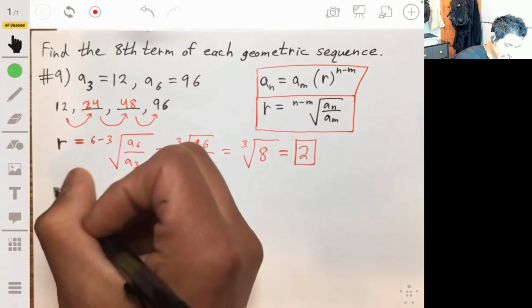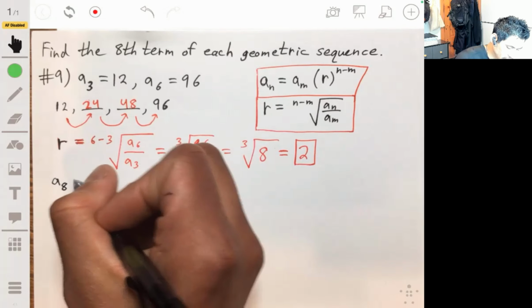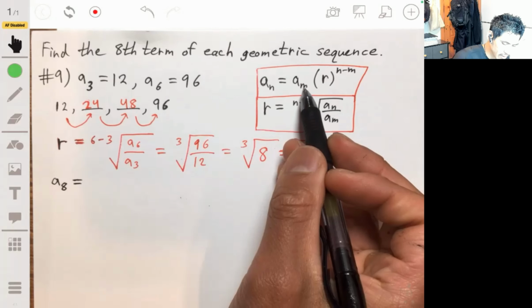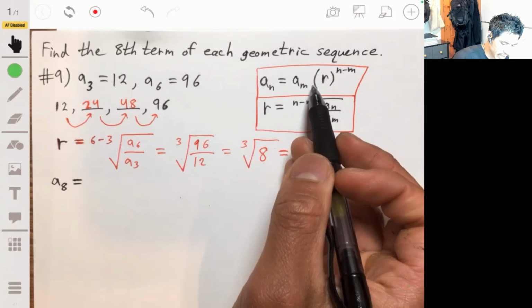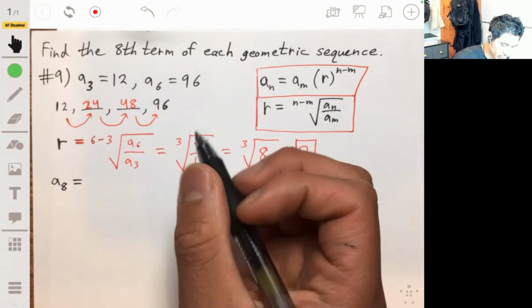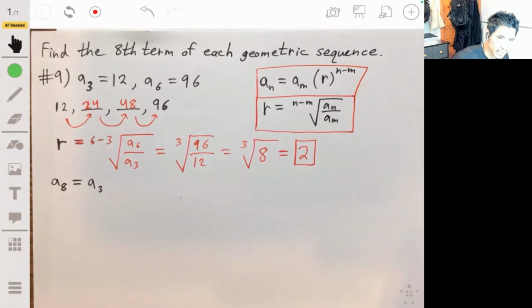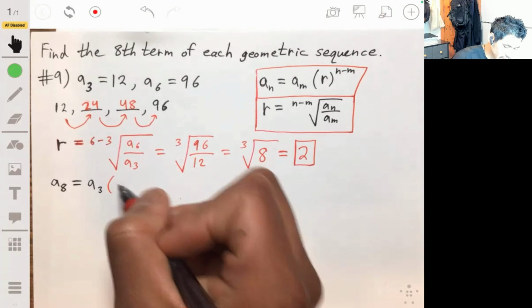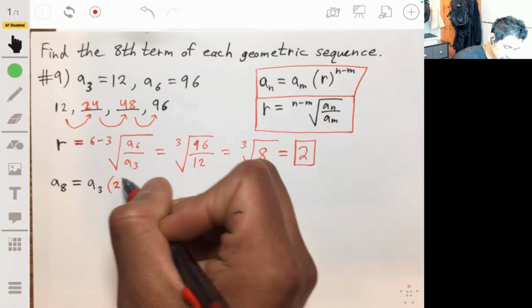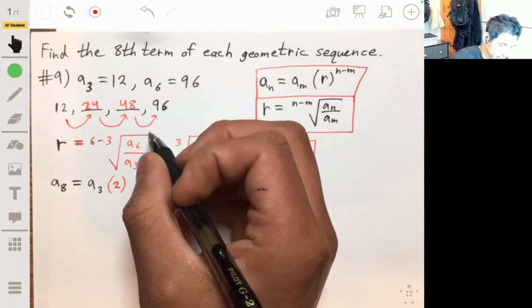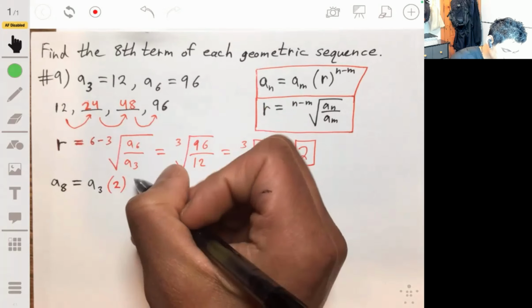So now let's find a8. a8 will be equal to a_m, and let's keep a_m as a3, times our common ratio r, so times 2, raised to the n minus m power, or in this case, 8 minus 3.